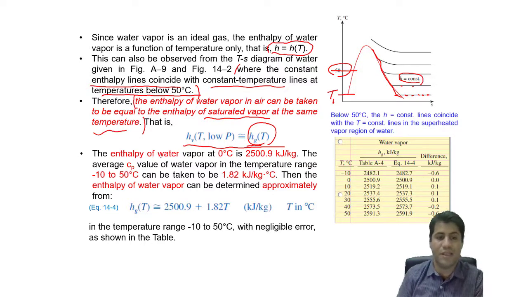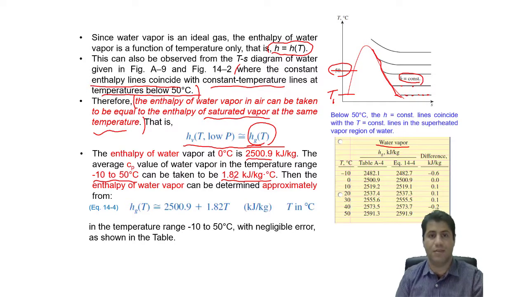And also, the enthalpy of water vapor at 0 degrees Celsius is 2500.9 kilojoule per kilogram. We know this experimentally from thermodynamics tables, if you remember. The average Cp value of water vapor in the temperature range of negative 10 to 50 degrees Celsius can be taken to be 1.82 kilojoule per kilogram degree Celsius.